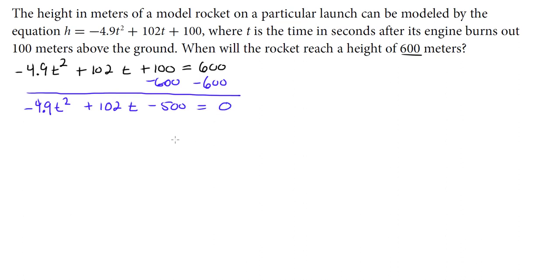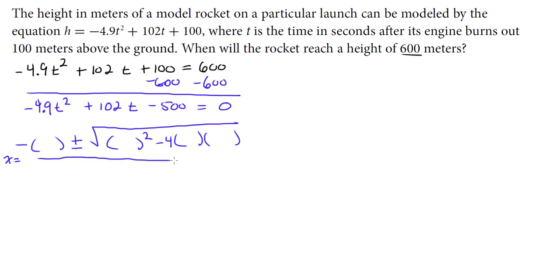And now that we are set to 0, we can go ahead and plug this into our quadratic formula. So x equals negative b plus or minus radical b squared minus 4 times a times c over 2a.